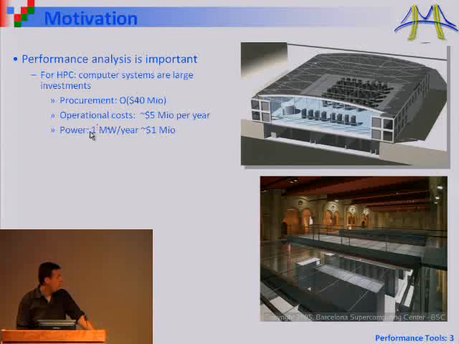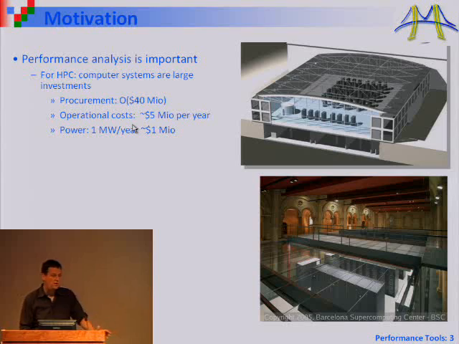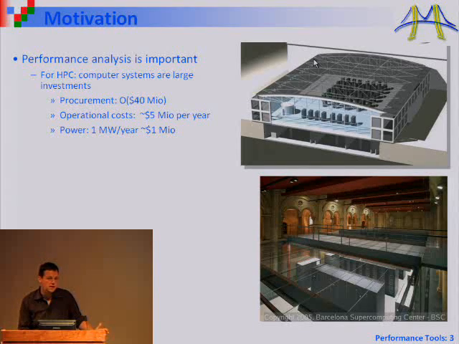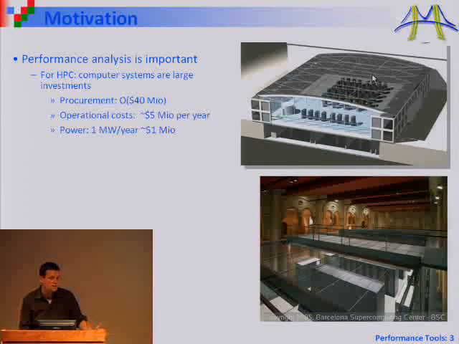And even power, at about one megawatt, costs you another $1 million per year. And often you have to build separate buildings for these computers. And so the point is just, these are pretty expensive facilities and equipment. And whenever you have a pretty expensive facility, then you want to make sure that you actually use it efficiently, of course.